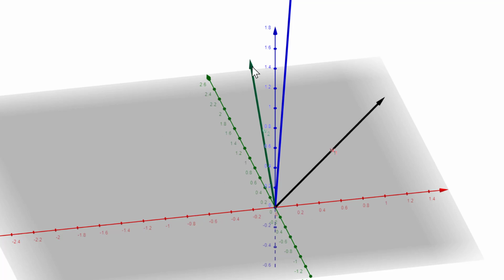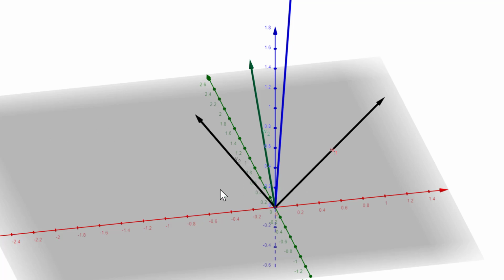Imagine I'm taking this w sub 2 and creating a shadow onto the subspace spanned by v sub 1. When I get that shadow, I know that w sub 2 can be written as the sum of that shadow and a vector orthogonal to that. And in fact, that vector is this guy right here.